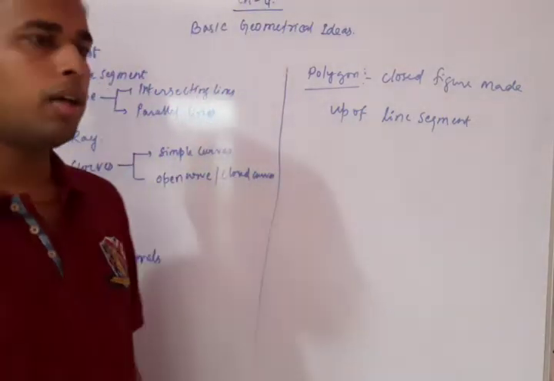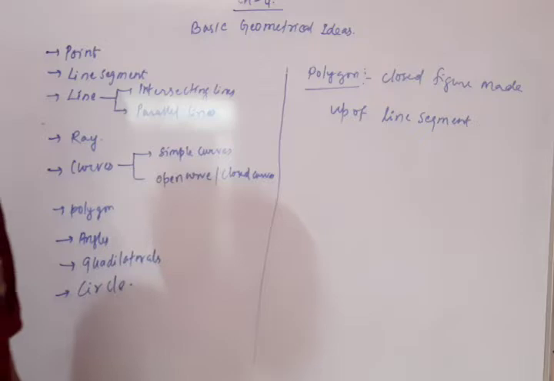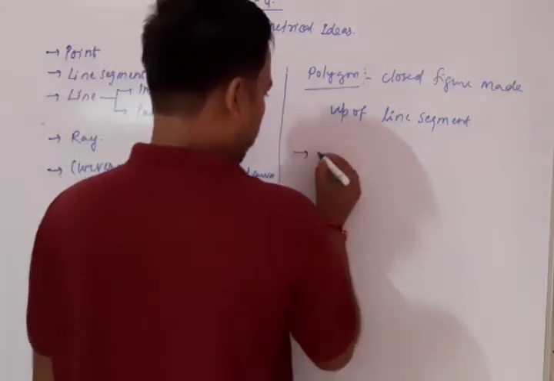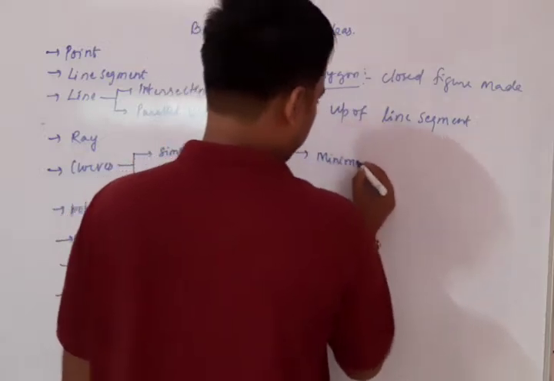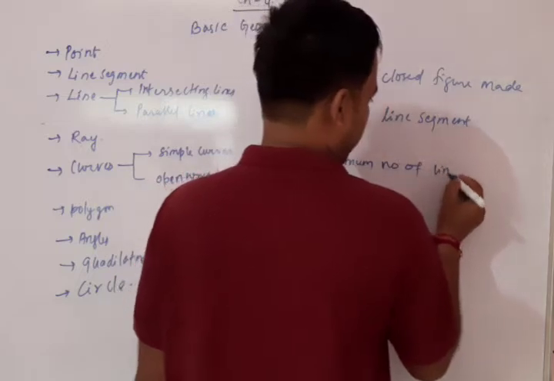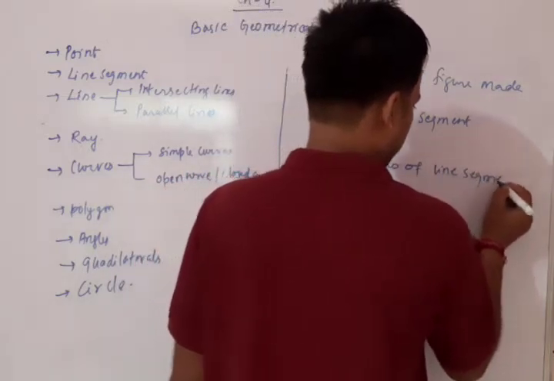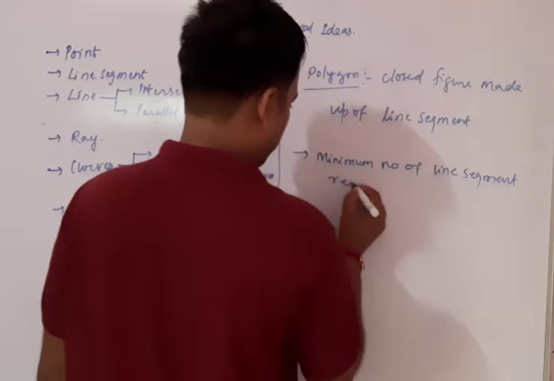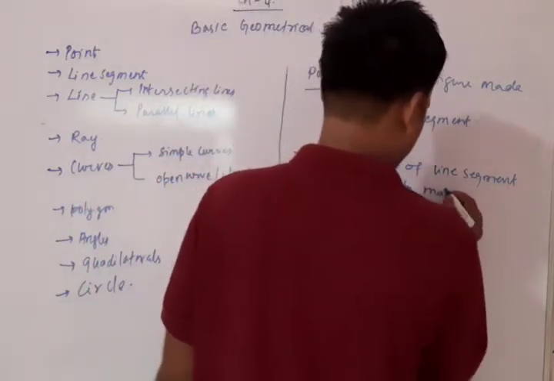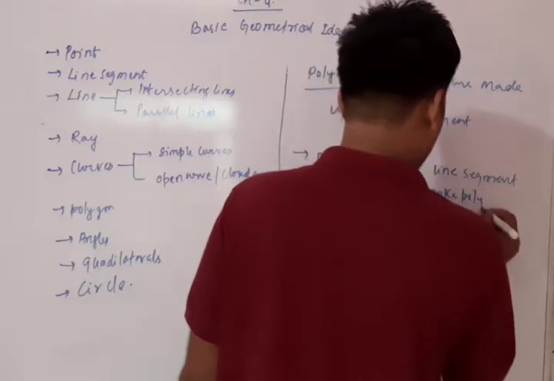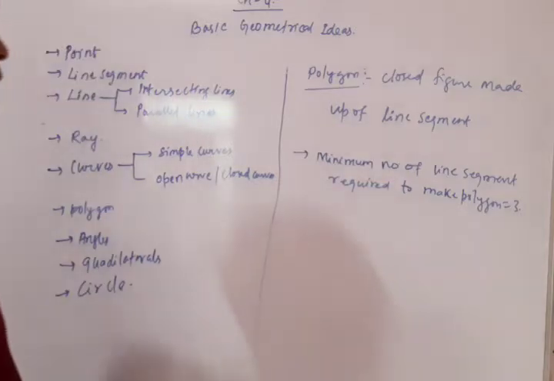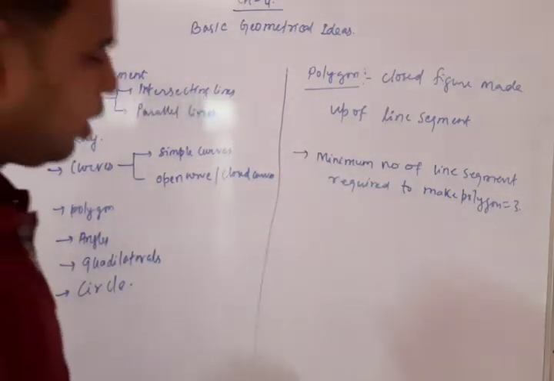What is the minimum number of line segments required to make a polygon? The minimum number of line segments required to make a polygon is 3.